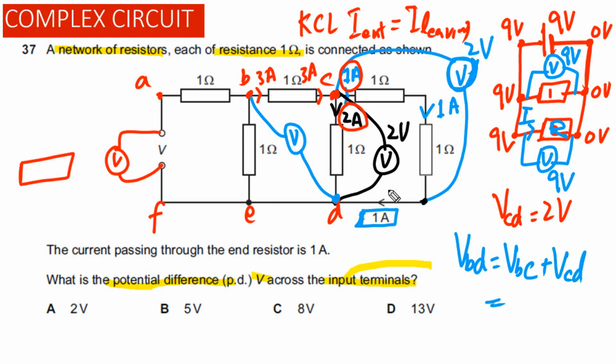The voltage across BC we can find from here. This will be equal to 3 volts, and voltage across CD we already have as 2. So the voltage across BD is equal to 5 volts.